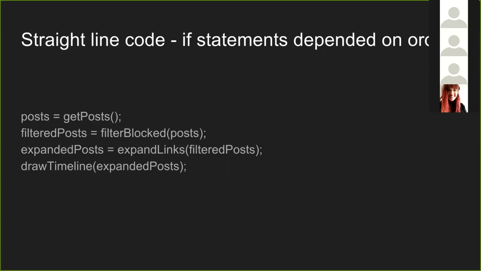When someone sees this, it's clear that these statements have to be in order, because you cannot get filtered posts if you don't have posts. You cannot have expanded posts if you don't have filtered posts, and of course, you have to draw expanded posts. So it's clear. It's a simple trick that you can use.